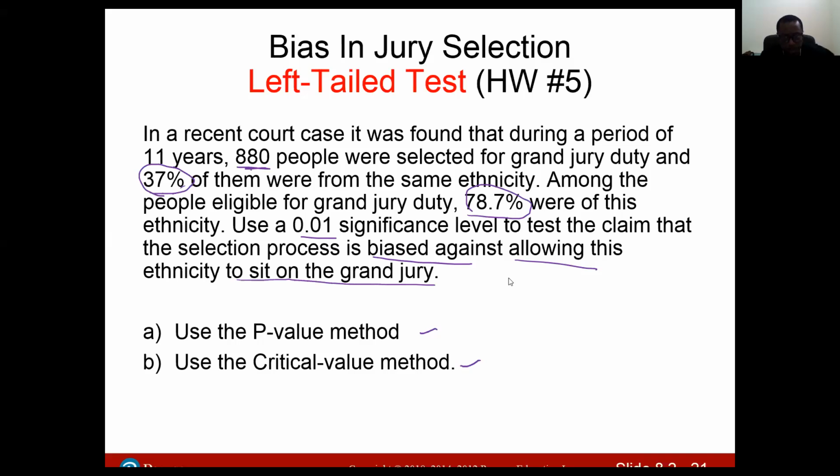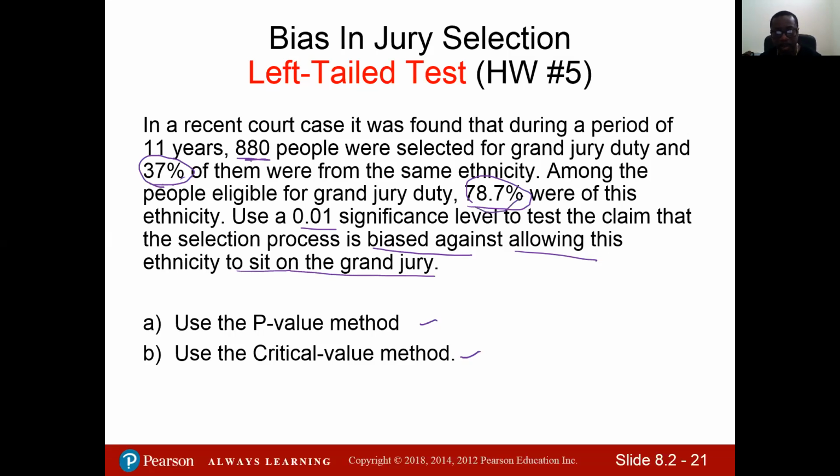Using both approaches, right? Now, what is this value here, the 78.7%? That is your test value. The test value is 0.787. This goes under the null and alternative hypotheses.